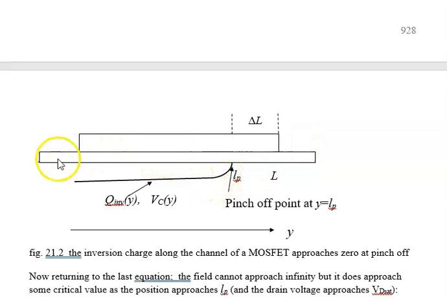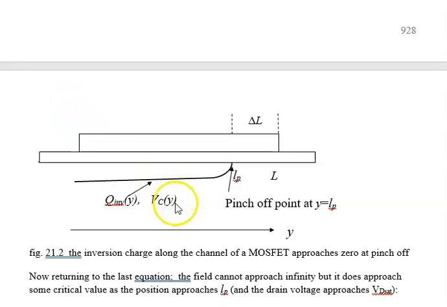So this is the channel, this region right here. This is the oxide. I probably should have mentioned that or shown that explicitly. This is the gate. So we have a pinch-off region, delta L, and we have a channel region here. And the demarcation is this point, L sub P.